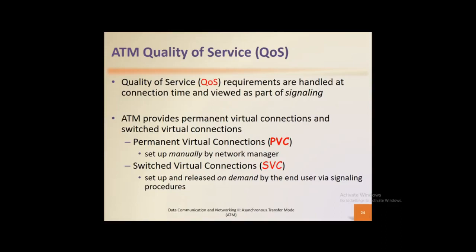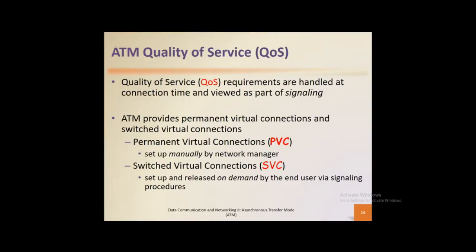That's where we talk about the various requirements that deal with the quality of service, or QoS, part of the ATM. So in this case, we're looking at requirements that handle connection time and are viewed as part of the signaling transmission of a given ATM cell transmission.